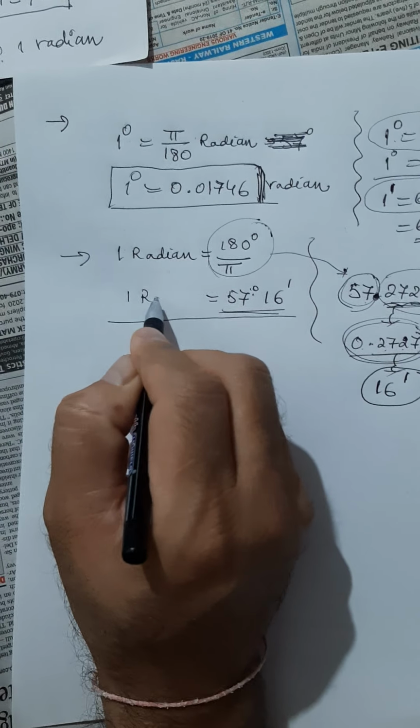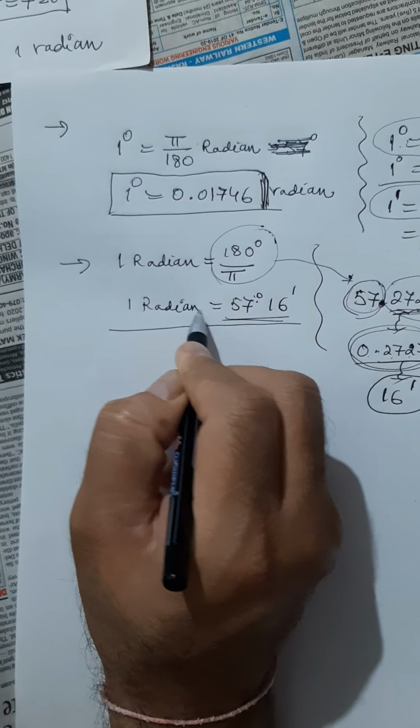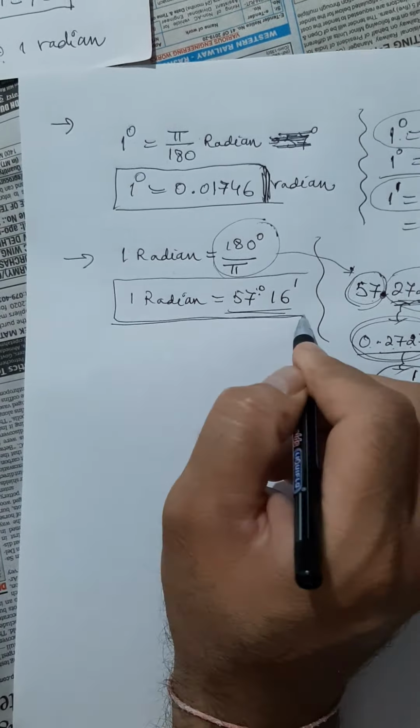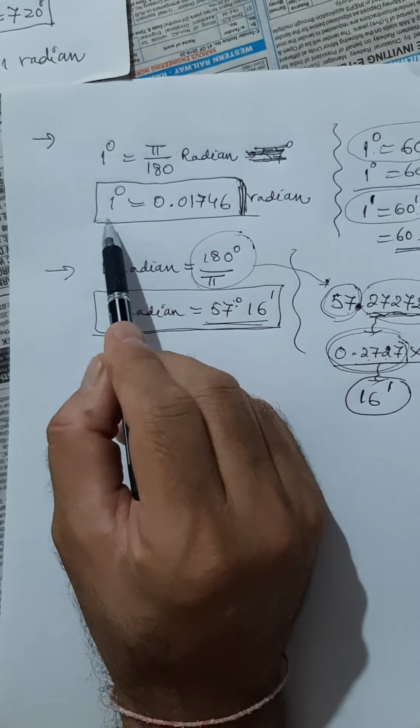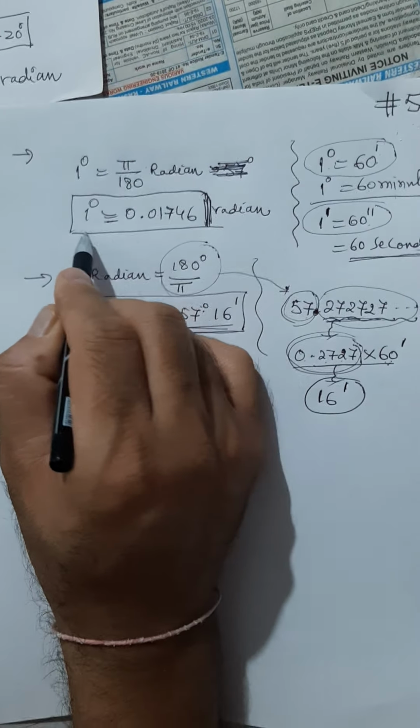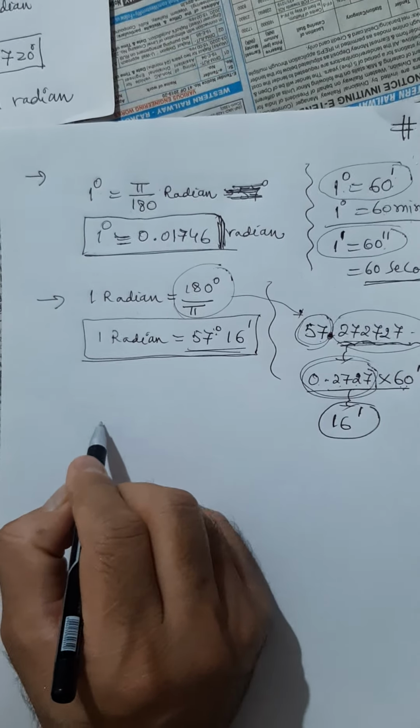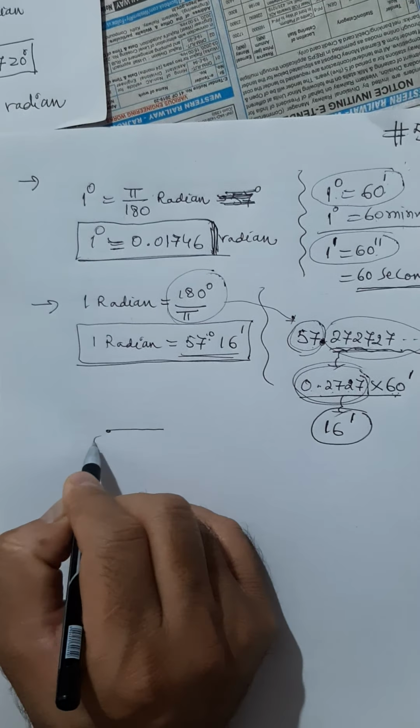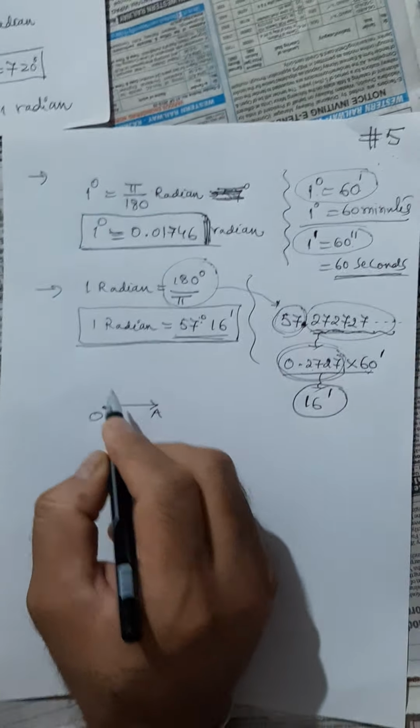So 1 radian is roughly 57 degrees, remember. And 1 degree is roughly this much radian. Imagine this is the initial ray.